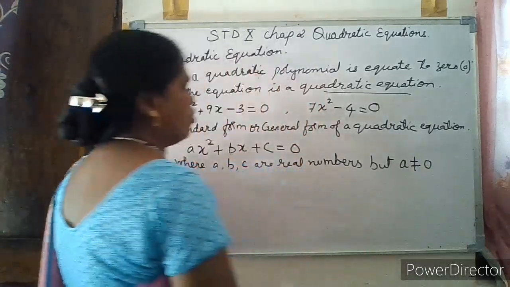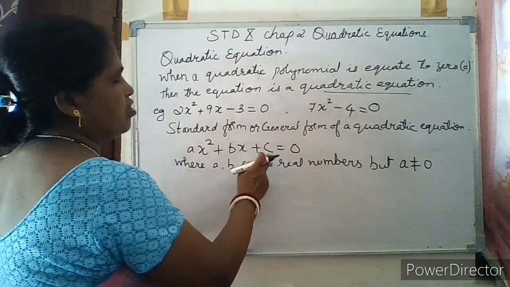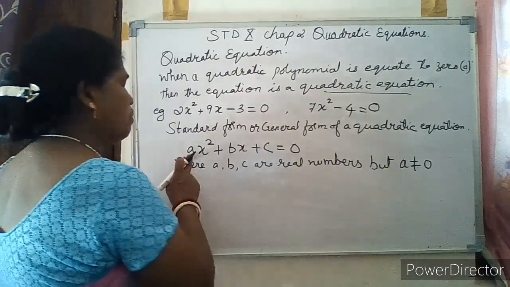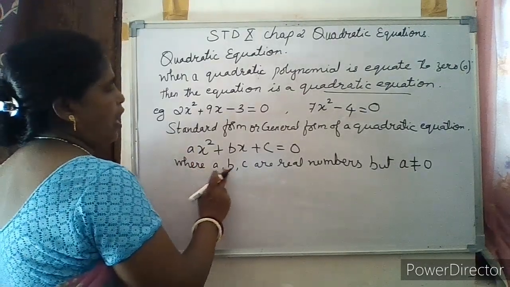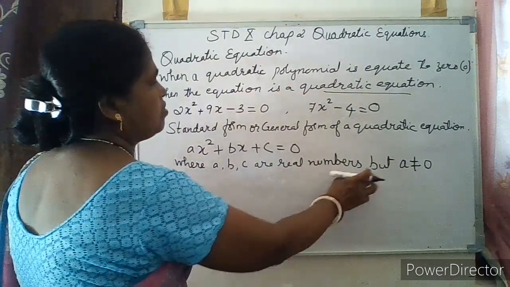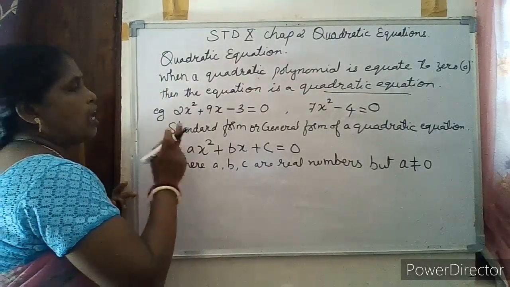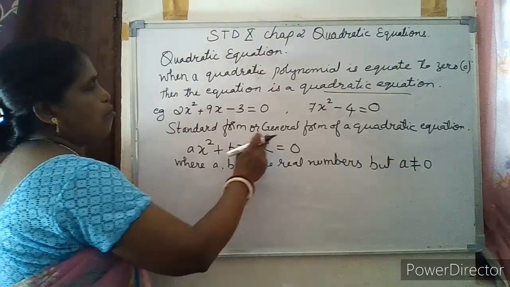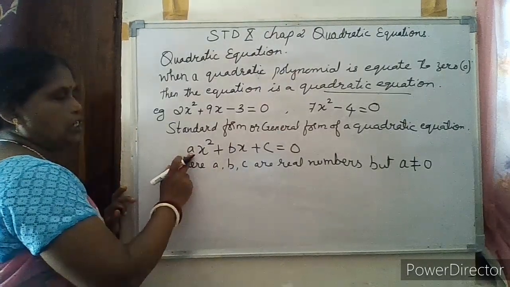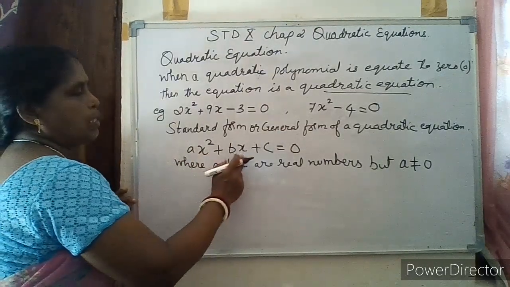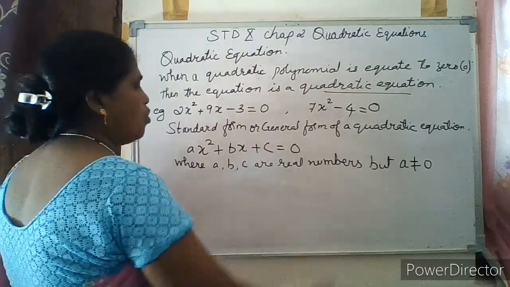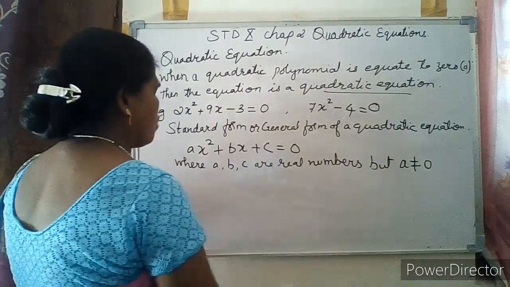A cannot be 0. B can be 0, C also can be 0, but A cannot be 0. So A, B, C are real numbers, but A is not equal to 0. This is the standard form.